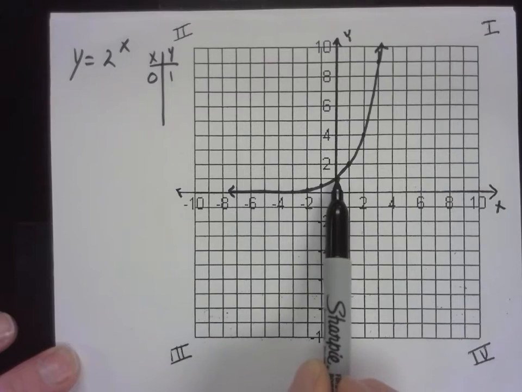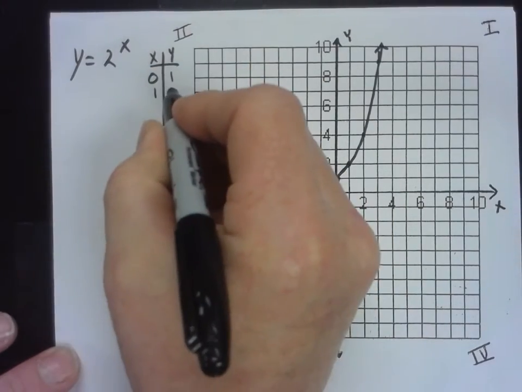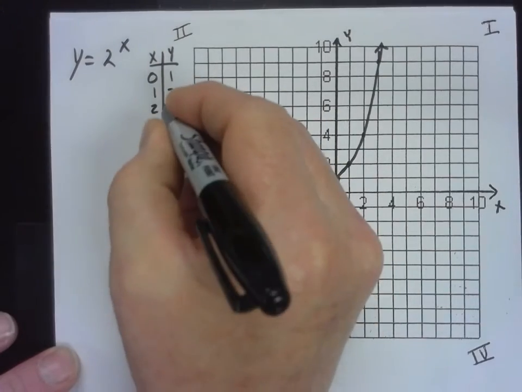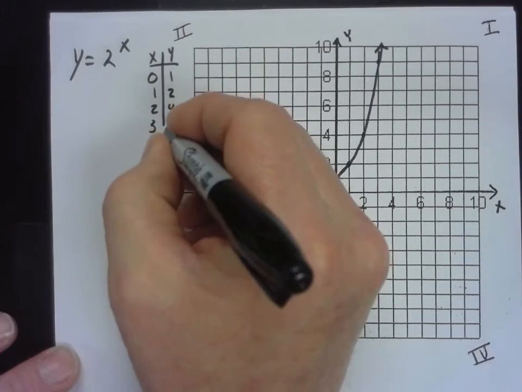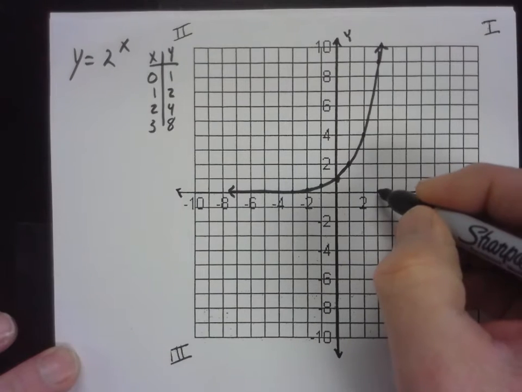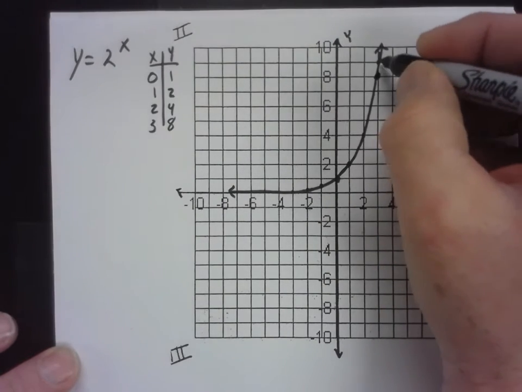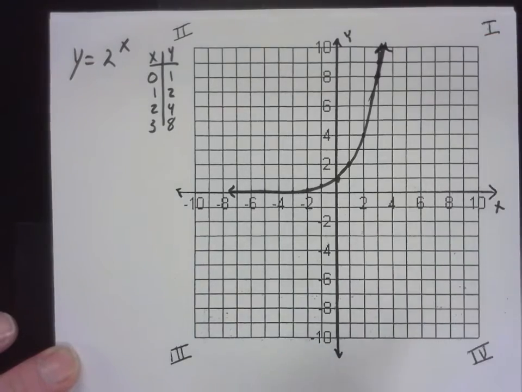So right here. And then if we put a 1 in, 2 to the first power is 2, and if we put a 2 in, 2 to the second power is 4, and if we put a 3 in, 2 to the third power is 8. Did I put that in the right place? Should be right here. I got it a little bit off. There we go.